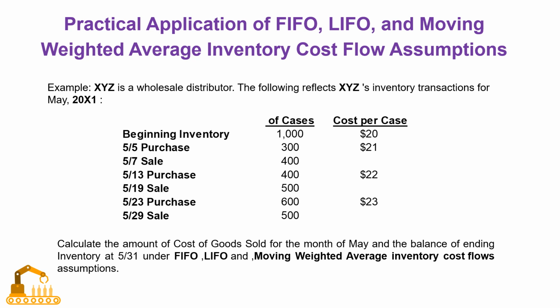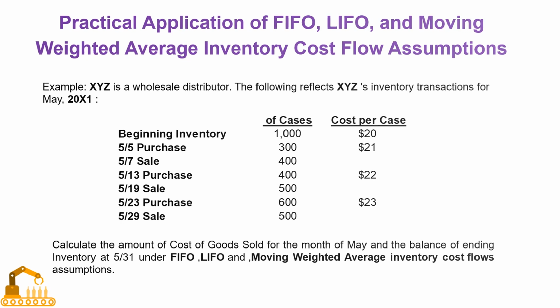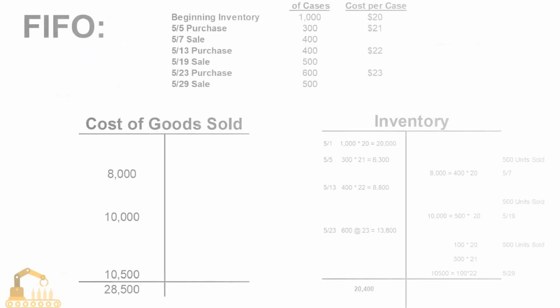But we're going to do it under three different scenarios: whether we're going to use a FIFO inventory cost flow assumption, or assume that it's on a LIFO basis, or use this moving weighted average approach. Let's begin by analyzing these transactions under an assumption of FIFO, first in, first out.